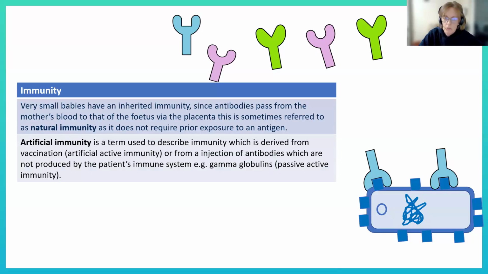Artificial immunity is the term that's used to describe immunity that basically arises from vaccination. So it's artificially achieved by putting some form of the pathogen, whether it's dead or attenuated, in.